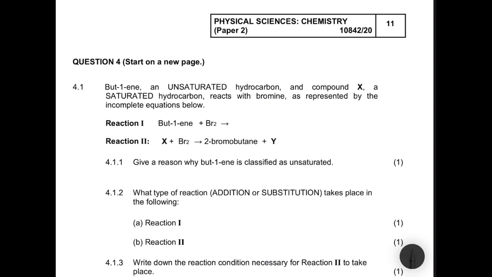If an organic compound has double bonds or triple bonds, then it is unsaturated. It can still go under addition reaction. So 4.1.1, it contains a double bond.